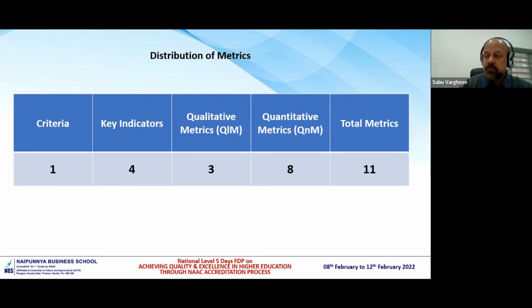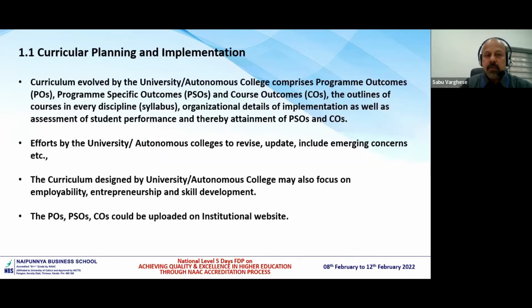The quantitative metric is where they are going to look at the research, the outcome, the numbers, and they are going to give you marks based on that. So there are 8 quantitative metrics and 3 qualitative metrics. Together there are 11 metrics there. And you are going to see what are these different metrics and how you are going to upload your data or documents for NAAC accreditation.